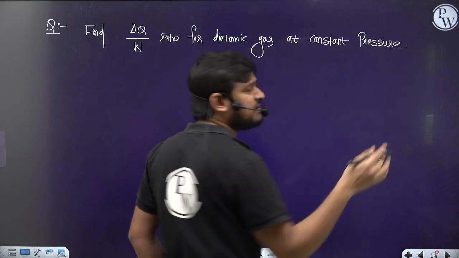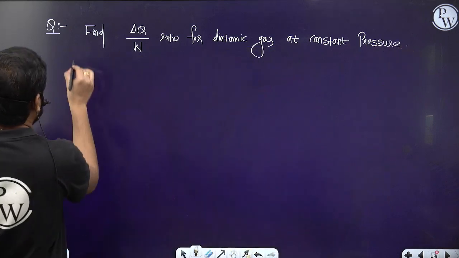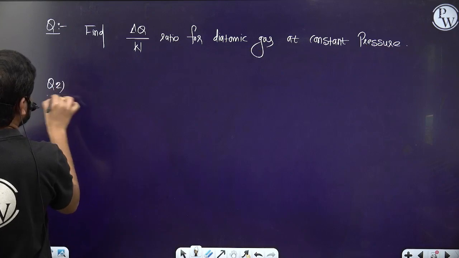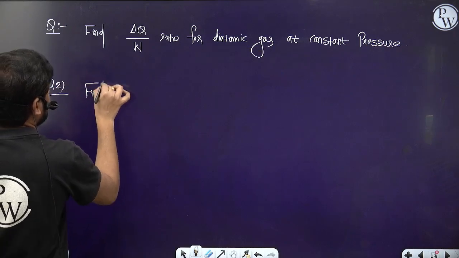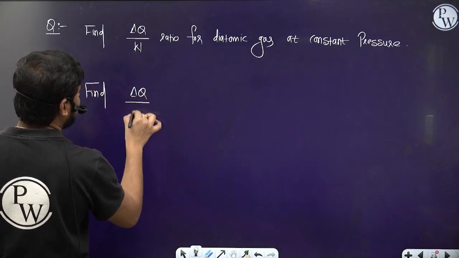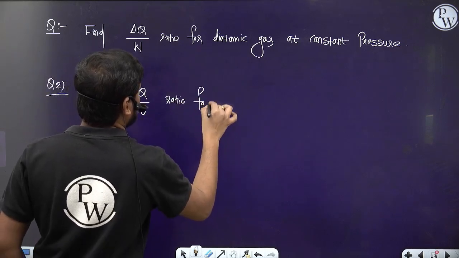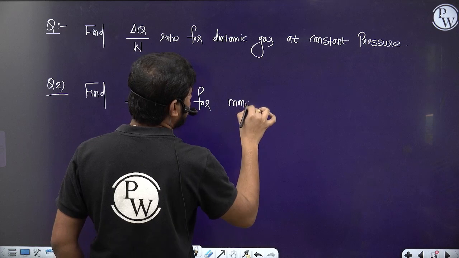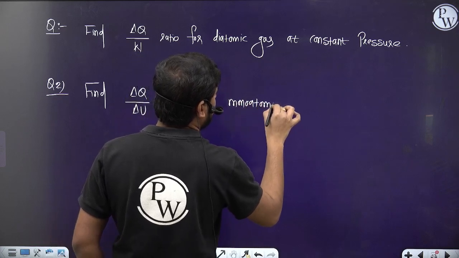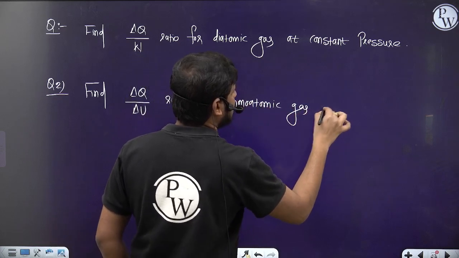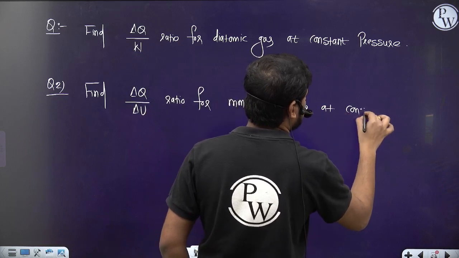The question can be framed any way. This is question 2, let's say: find the delta Q by delta U ratio for a monoatomic gas at constant pressure.